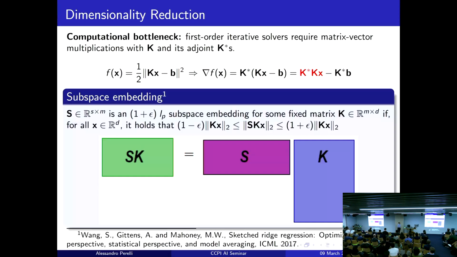Unfortunately, most of these sketches, for example random Gaussian sketches or leverage scores, do not fully utilize the structure that K can have, for example the Fourier domain in MRI. So this product cannot be very efficient. Also, there are some restrictive bounds on the dimensionality reduction, so on the rows of S.